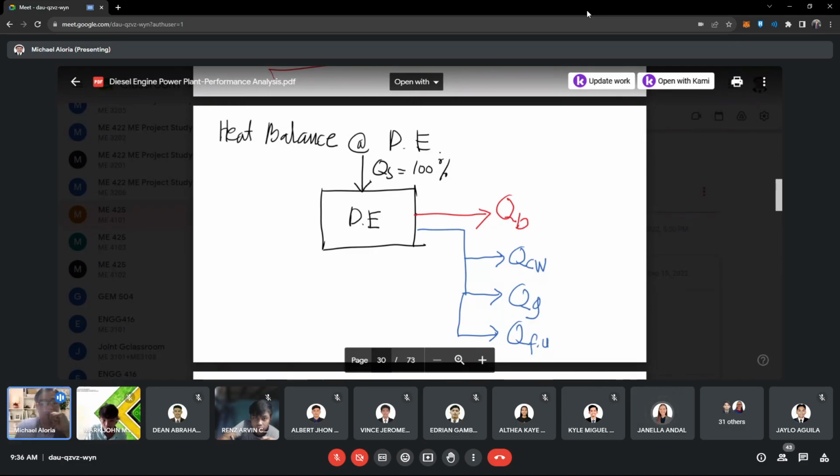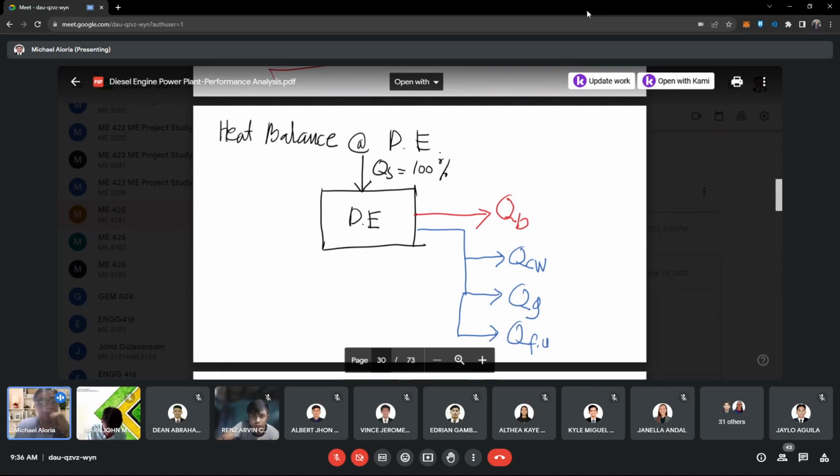Ang heat supplied po natin na equation kanina is product po ng mass of fuel times yung heating value or calorific value po. Yun yung ating QS, which is 100%.